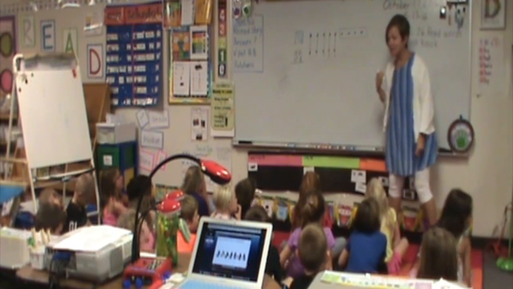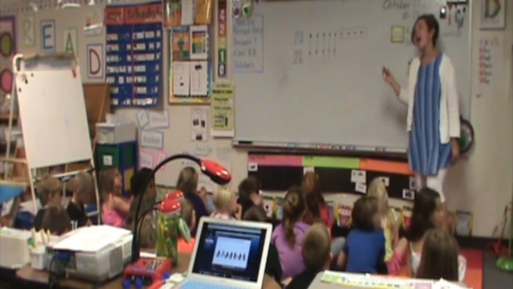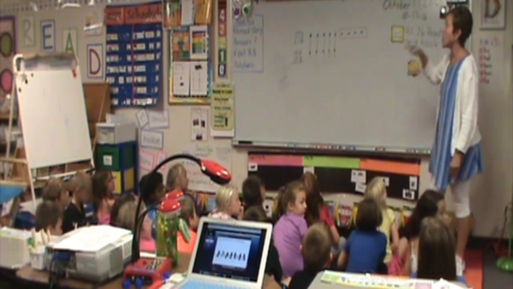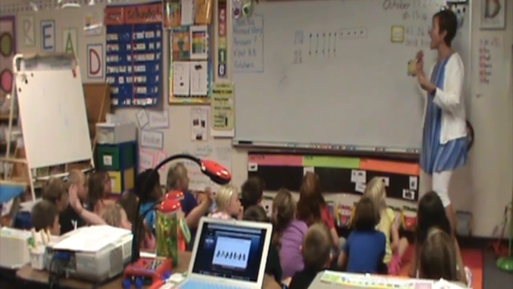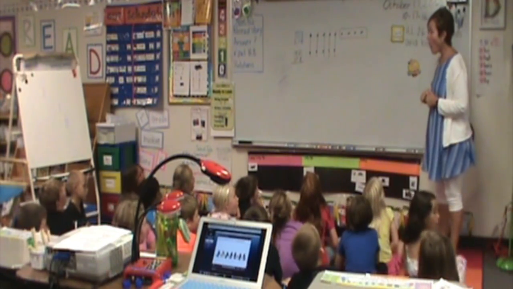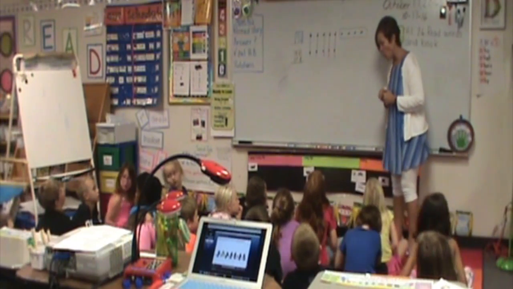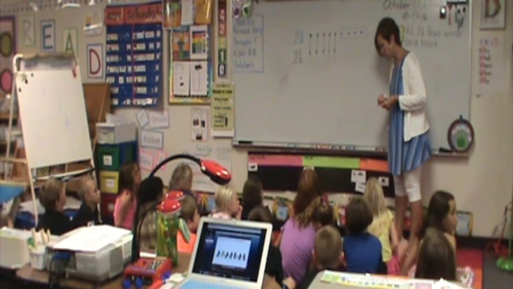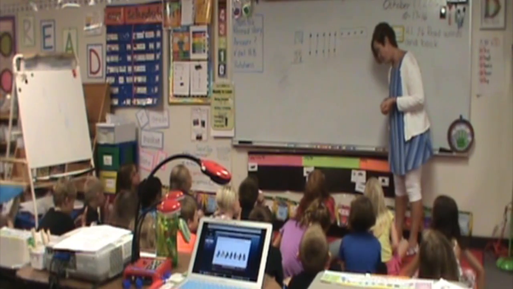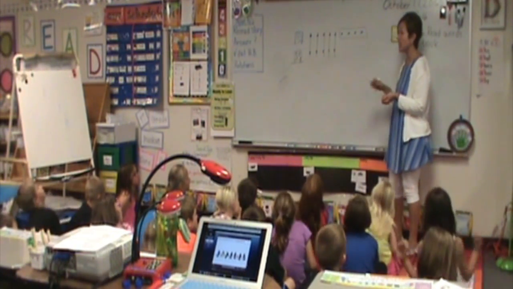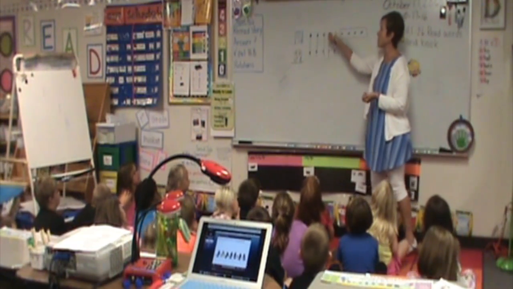So I will ask the question again, everyone. How many more blue striped hats do I have than orange polka dot hats? Everyone, tell me. 4. How do I know that, Bailey? How do I know I have 4 more? Because you used the strategy. I used the strategy of crossing out where they're the same.